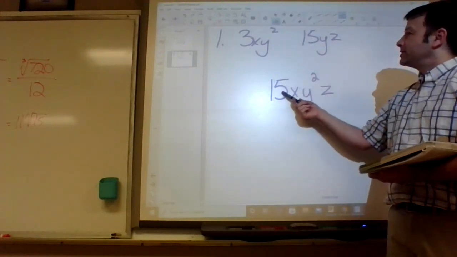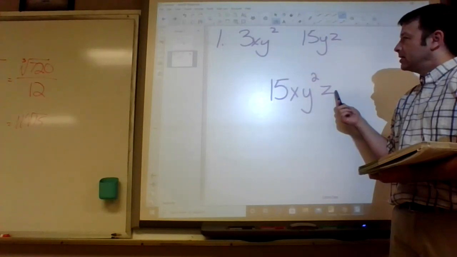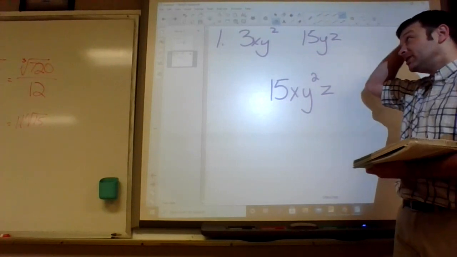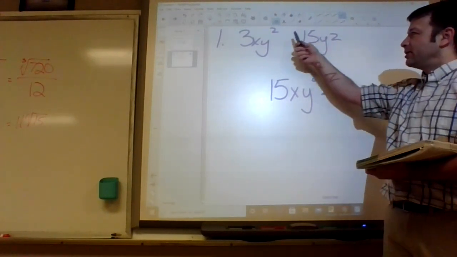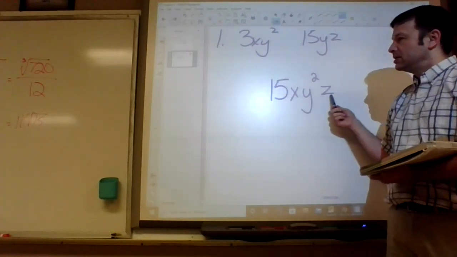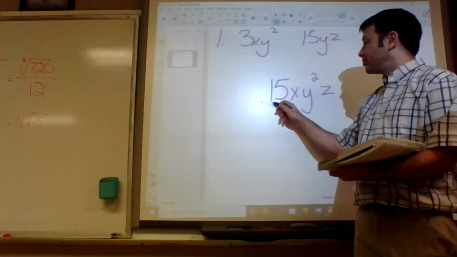Maybe not. Anyways, it's not really a multiple, it's just whatever's bigger. They are multiples, but when you're talking about letters, y times y would give you y squared. So whoever has the most is going to be the least common multiple. Anyway, that's number 1.